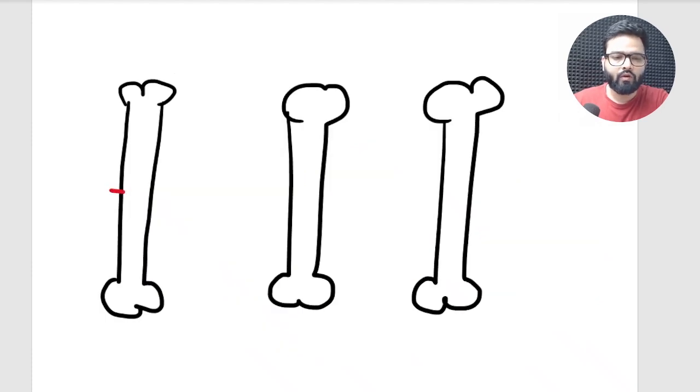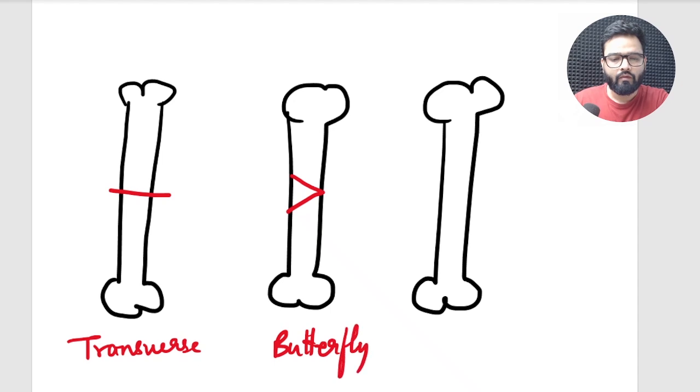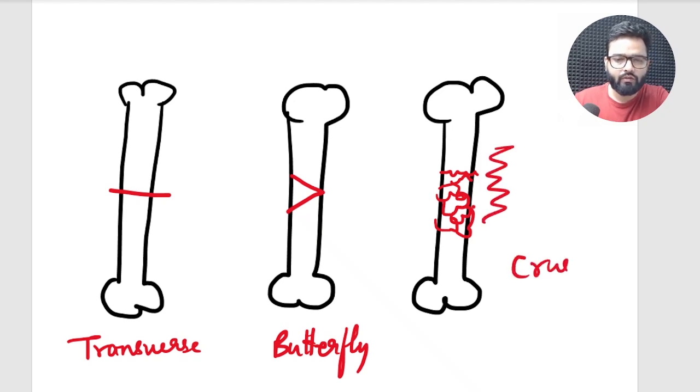Depending upon the energy of trauma, the fracture can be a transverse type or it can be a butterfly fragment which imparts instability, or the fracture can be comminuted or in multiple fragments in a very high energy impact. The soft tissue gets crushed.